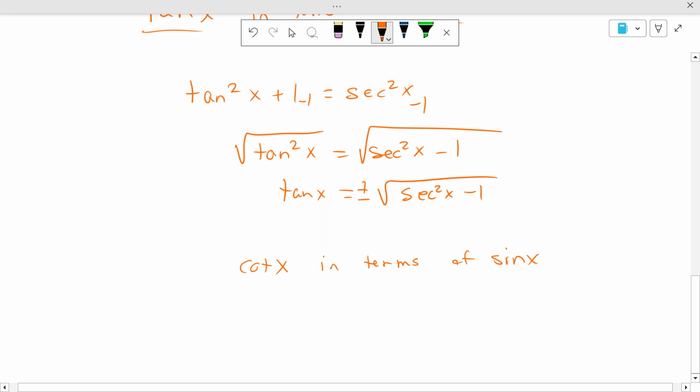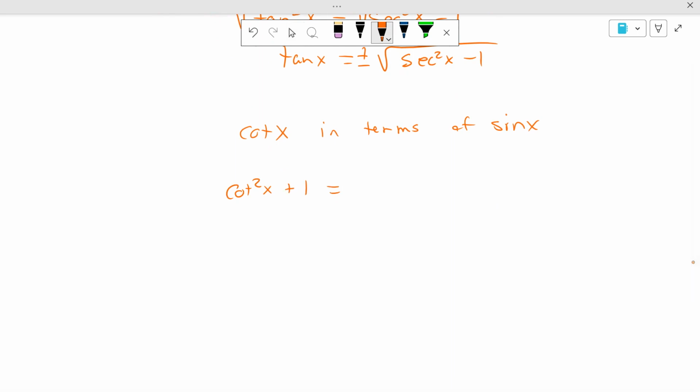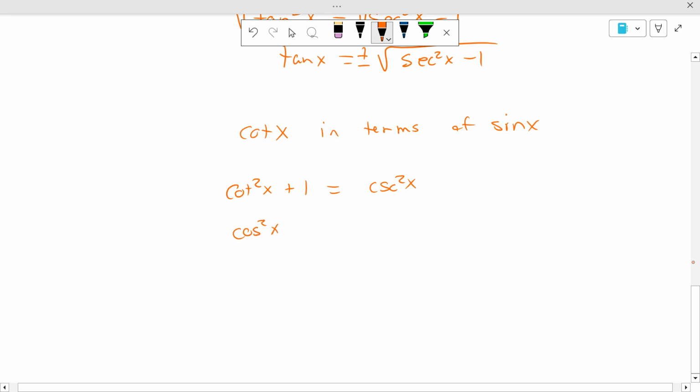Yes. So the way we do this one, and this one's a little more complicated, is cotangent squared of x plus 1 equals cosecant squared of x. So then what I'll do is get cotangent squared alone in a little bit. But I'll leave it like this for one step.